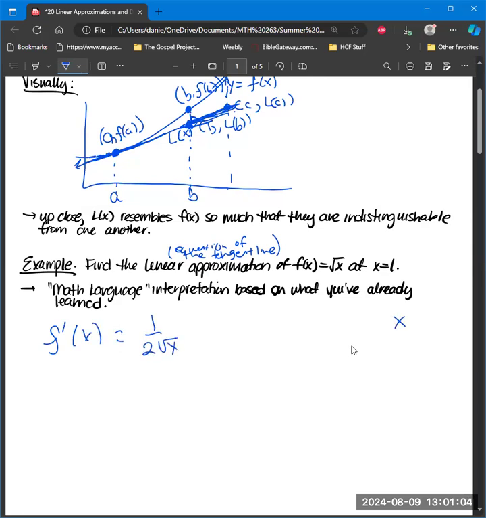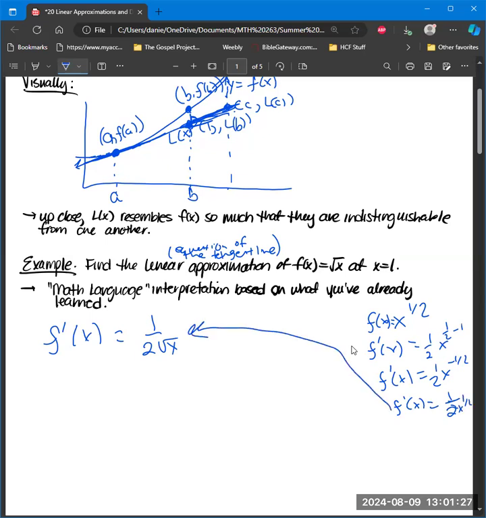We've done that before, but to show you again, this is x to the 1/2. So f prime of x is 1/2 x to the 1/2 minus 1. F prime of x is 1/2 x to the negative 1/2. F prime of x is 1 over 2 x to the 1/2, which is 1 over 2 root x.